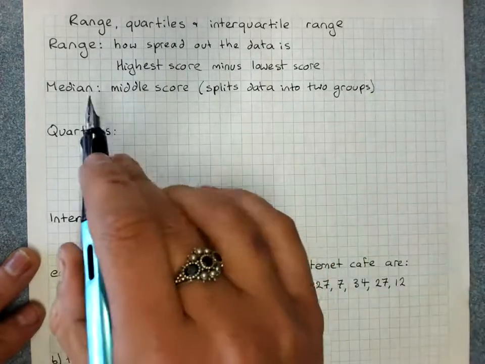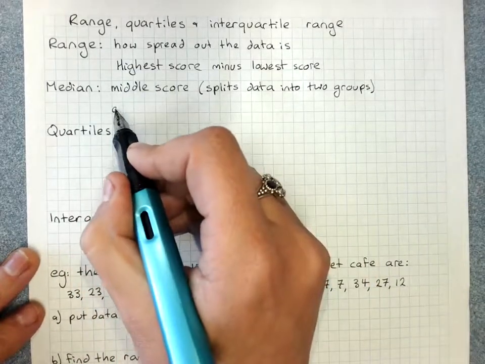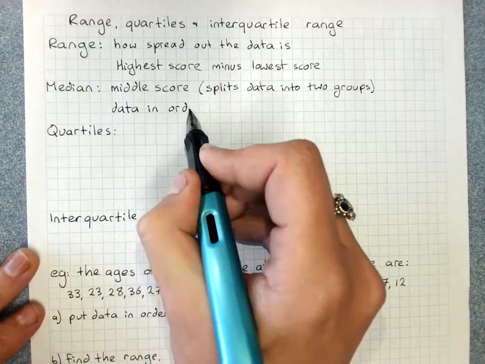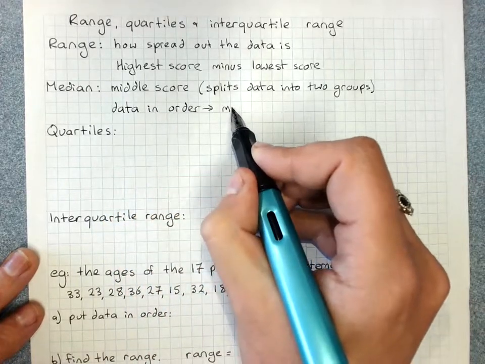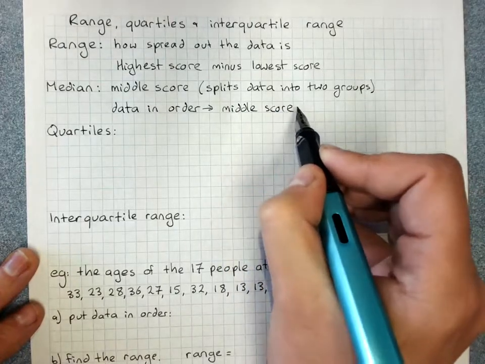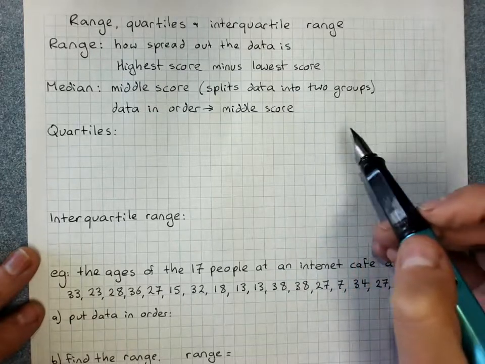And we know how to find the median, but we'll just rewrite it. You put your data in order and you get the middle score. If, of course, you've got an even number of data points, you find the average of the two middle scores.